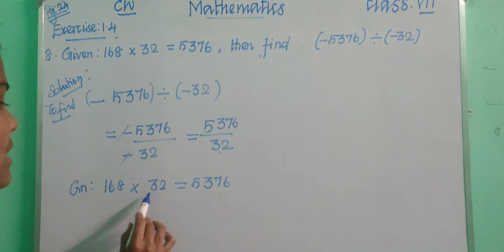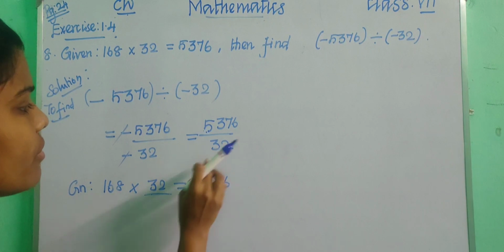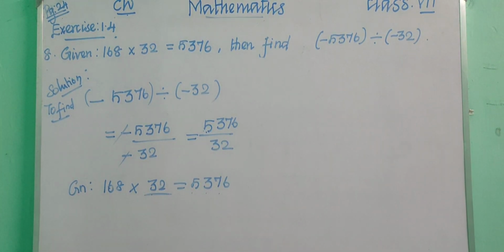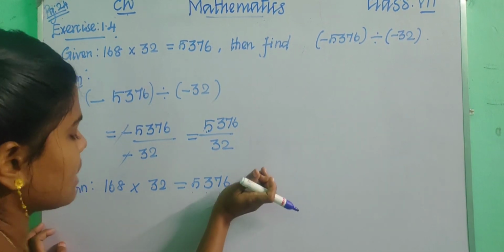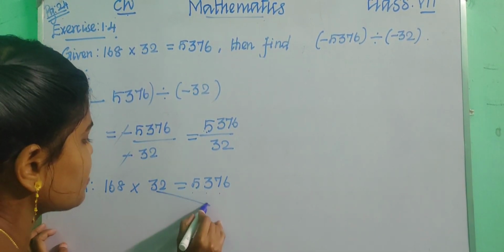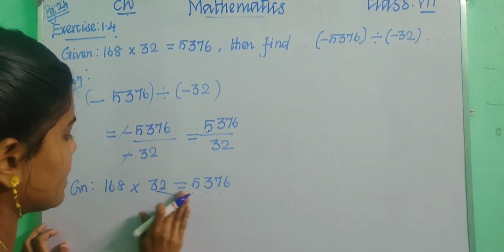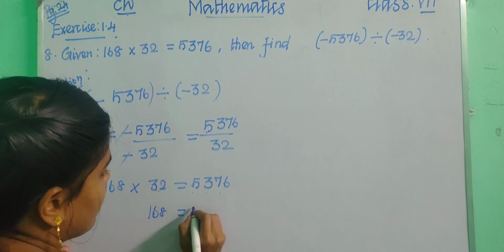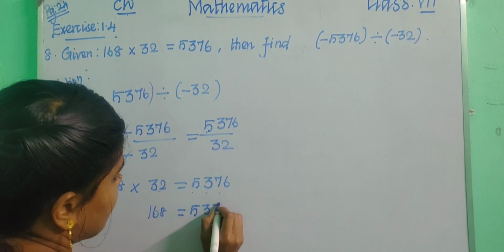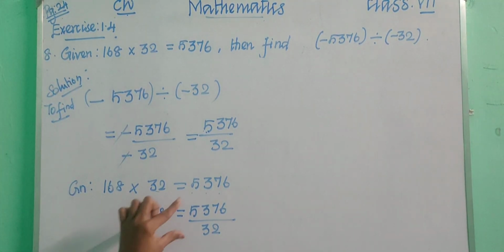The number in our multiplication, we are having as a divisor, right? So we are just bringing this 32 to this side. If you are cross multiplying, what will you get? You will bring this as the denominator, right? So we will get 168 equal to 5376 upon 32. So we got the same, right?